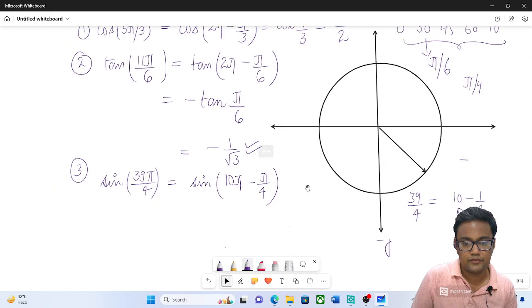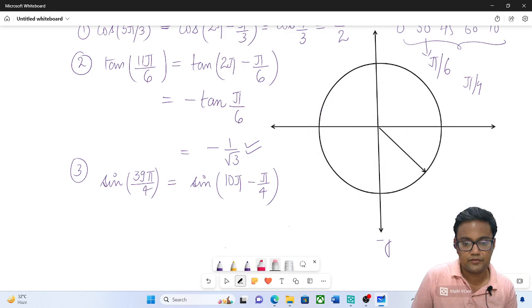So obviously 10 pi कहाँ पे finish होता है? I have told you on this positive side सारे even pi चलते हैं, 2 pi, 4 pi से लेकर ऐसे ही करते करते यहाँ पे आएगा 10 pi. रोटेशन की बात हो रही है ना, 2 pi फिर 4 pi फिर करते करते ऐसे ही 10 pi. तो where are we actually if we are dealing with this kind of an angle?